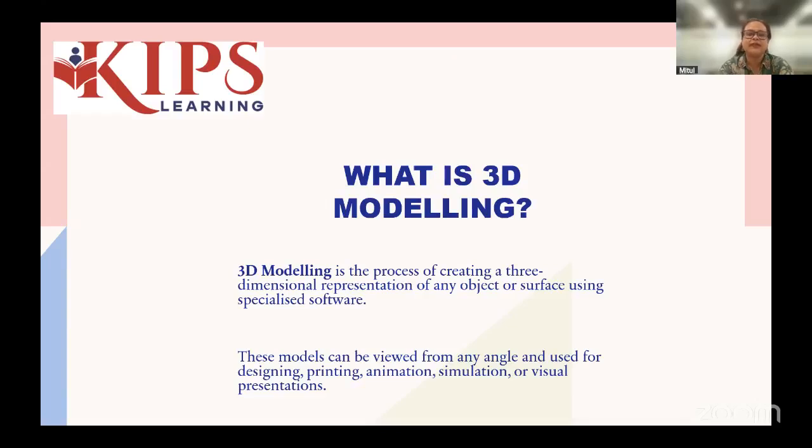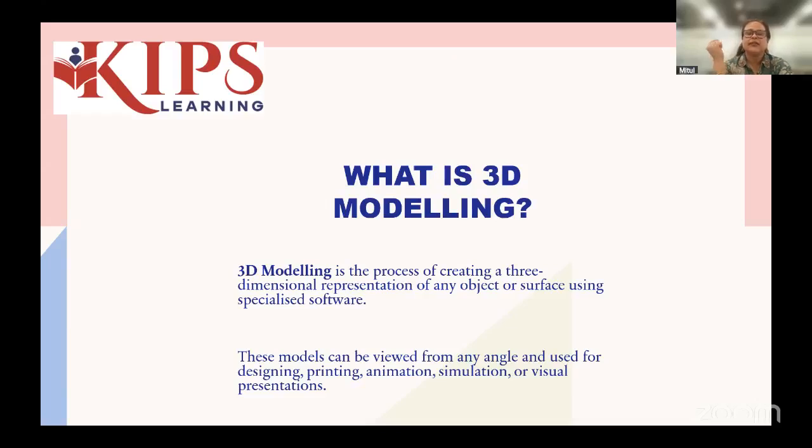So far, we have created many 2D models in MS Paint and GIMP and other image editing software. We created many 2D shapes. Now we are going to create 3D models using specialized software. These models can be viewed from any angle because they have 3 dimensions. In 2 dimensions, we have only length and breadth, and in 3 dimensions, we have length, breadth and height also.